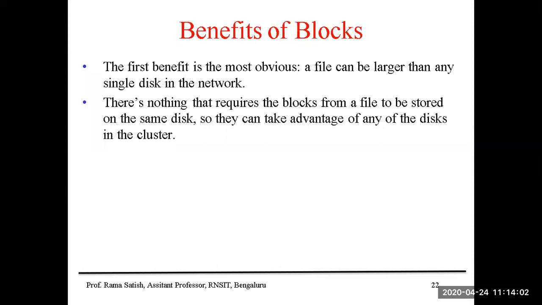So your name node is so intelligent, it will never store the second or third copy in the same rack. It will store them in a different rack. This is what you call rack awareness with respect to replication. Rack awareness is nothing but it will never store the same file in the same rack, only in different racks as far as replication is concerned.